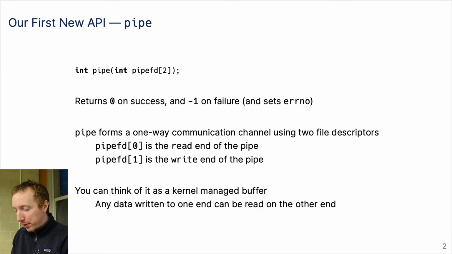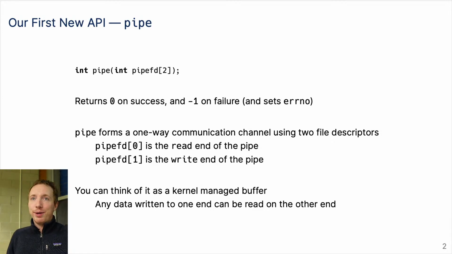So it's a one-way communication channel using file descriptors. Again, I said it gives you two file descriptors. It gives you the file descriptor at index 0, which is the read end of the pipe, and the file descriptor at index 1, which is the write end of the pipe.